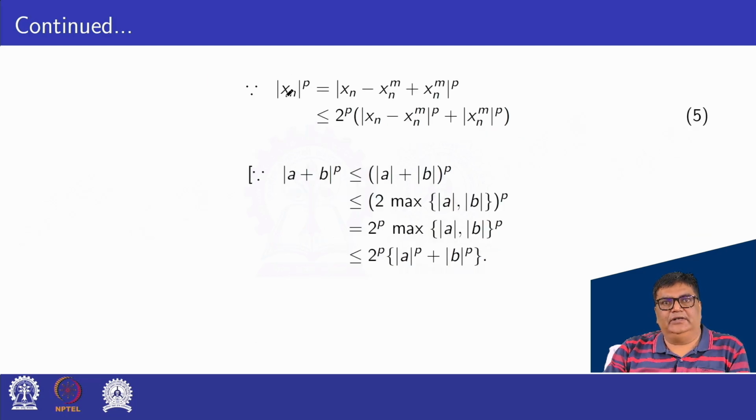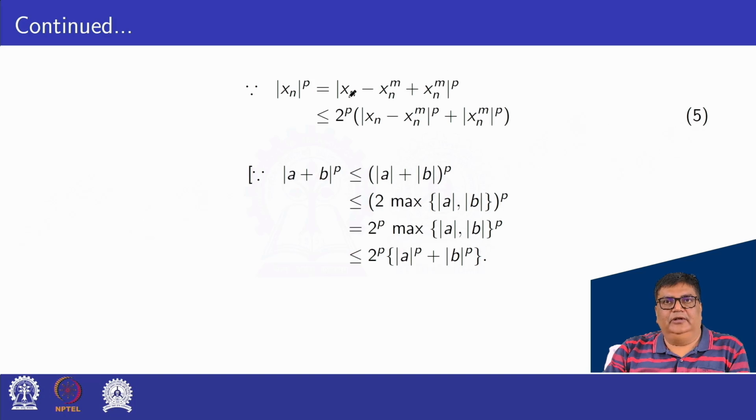Since |x_n|^p equals |x_n - x_n^(m) + x_n^(m)|^p, we have added x_n^(m) and subtracted x_n^(m). This inequality can be written as less or equal to 2^p (|x_n - x_n^(m)|^p + |x_n^(m)|^p).